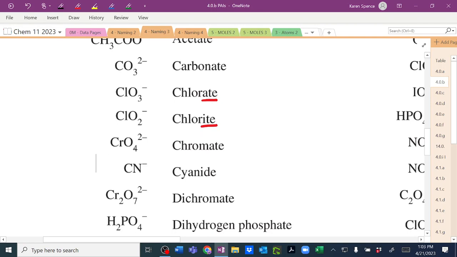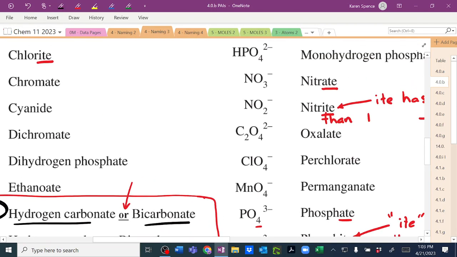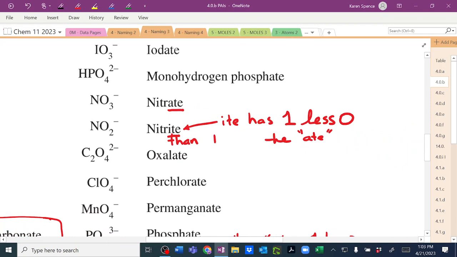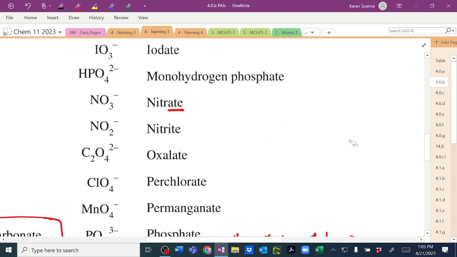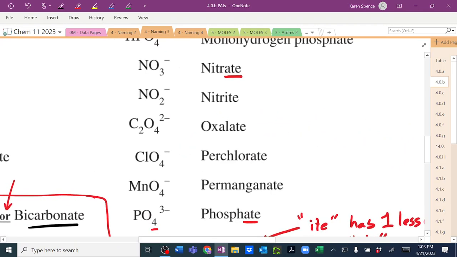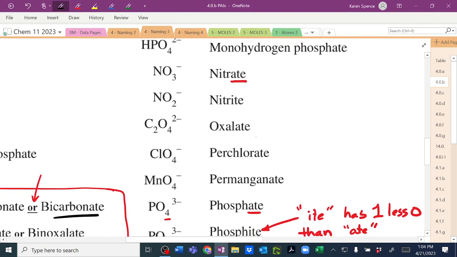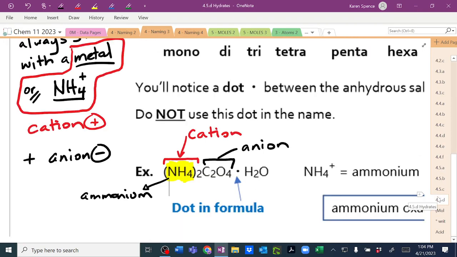So keep going, keep looking, and you'll eventually end up over here. C2O4 is oxalate. Don't do anything to that name. Polyatomic ions, you just name them and then you don't do anything with that name. So here we go. We have ammonium and then we have oxalate.